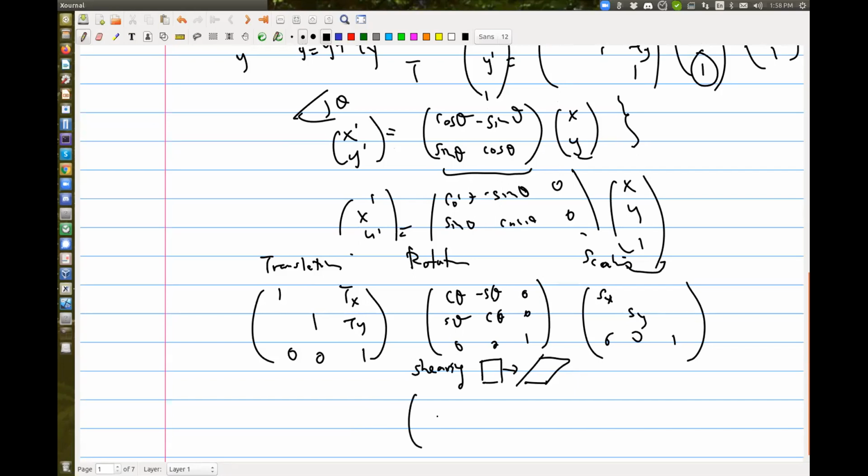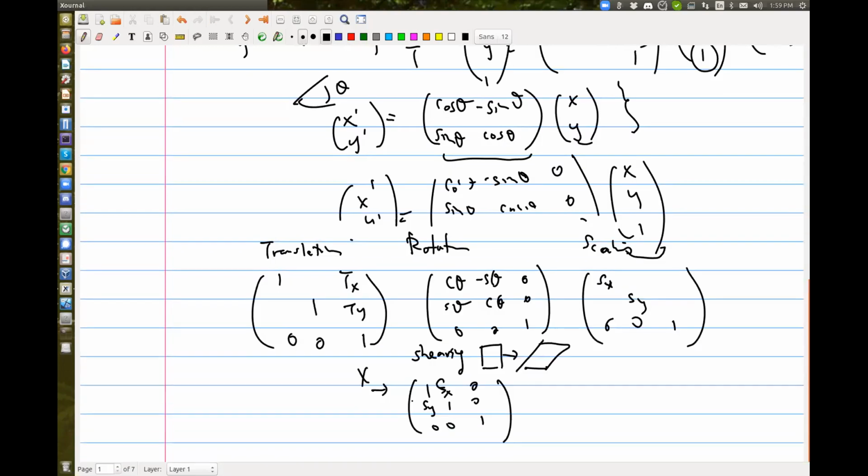And we'll have a form. I'm not sure I remember the form. Maybe I'm incorrect, probably some Sy. I could be wrong, but don't worry about that. My point here is that I have matrices like all of these, and the last row is 0, 0, 1.